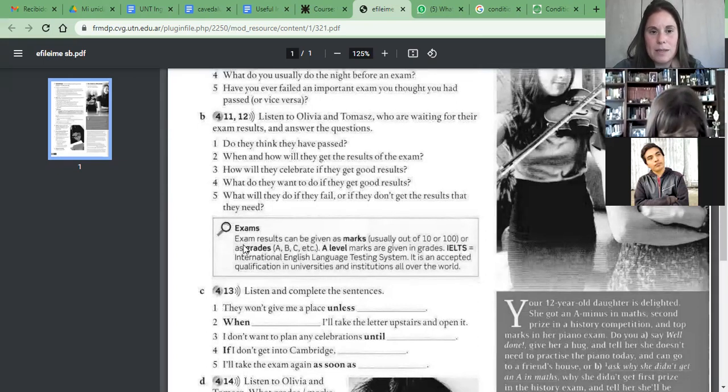It says: exam results can be given as marks, usually out of 10 or 100, or grades. Grades are A, B, C. So marks are out of 10 or 100, and grades are in letters. Usually C is the higher mark, and A is the lower.